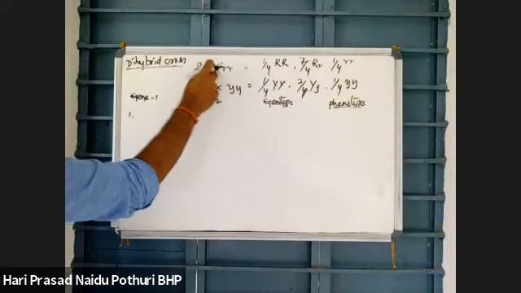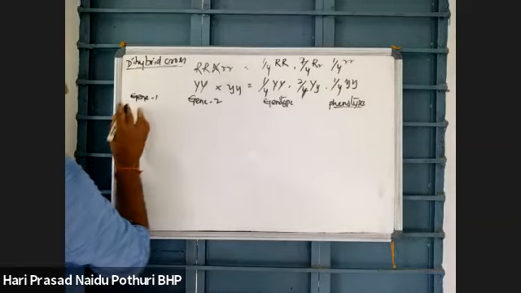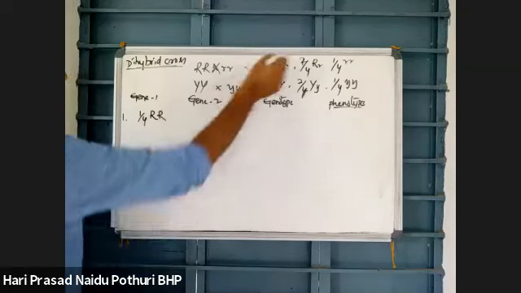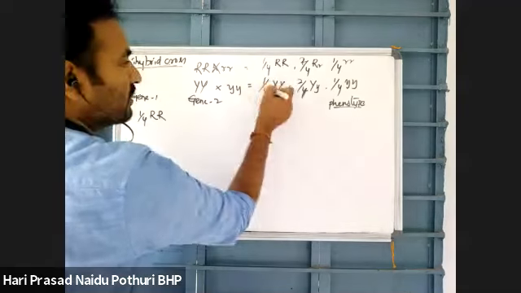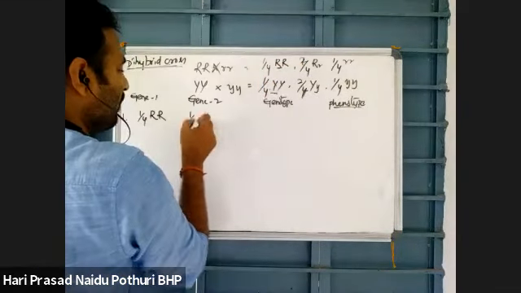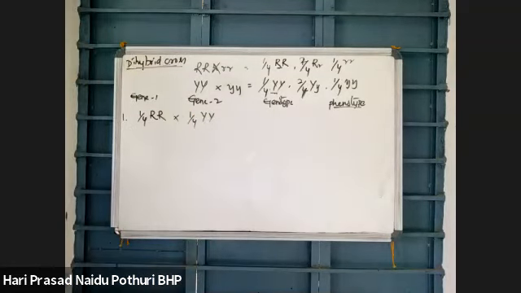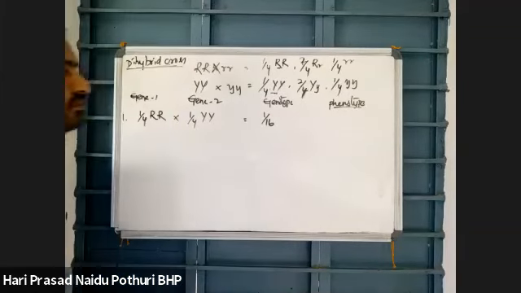First one, suppose how much? 1/4 capital R. When it is combined with this gene, 1/4 capital Y. 1/4 capital R into 1/4 capital Y. This will give what? 1/16.